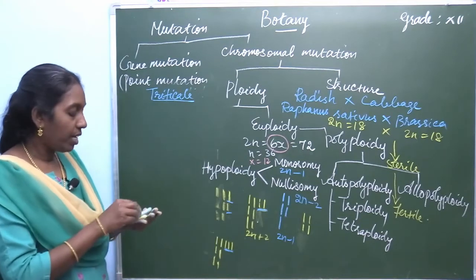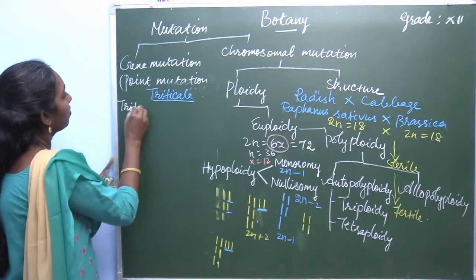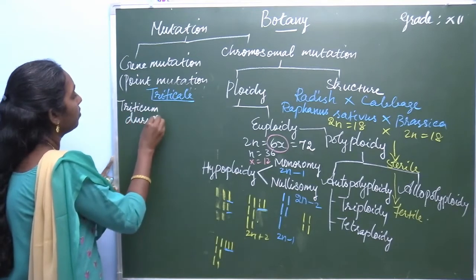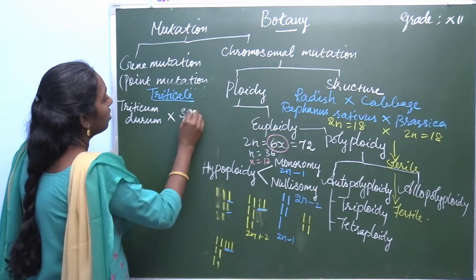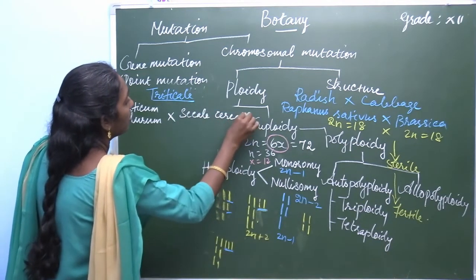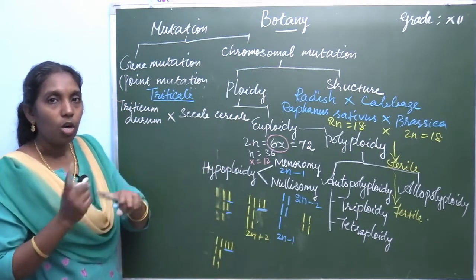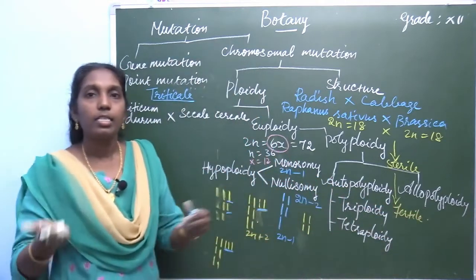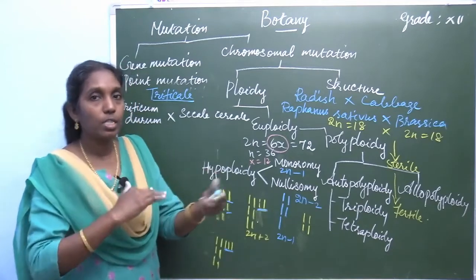Triticum durum is a wheat variety, and Secale cereale is a rye. This is an example of allopolyploidy, increasing the chromosome number by crossing different species.